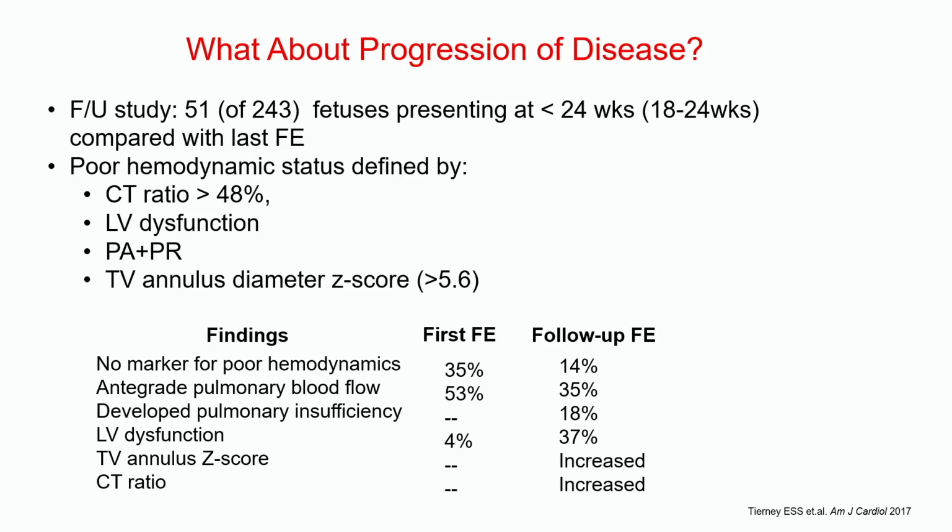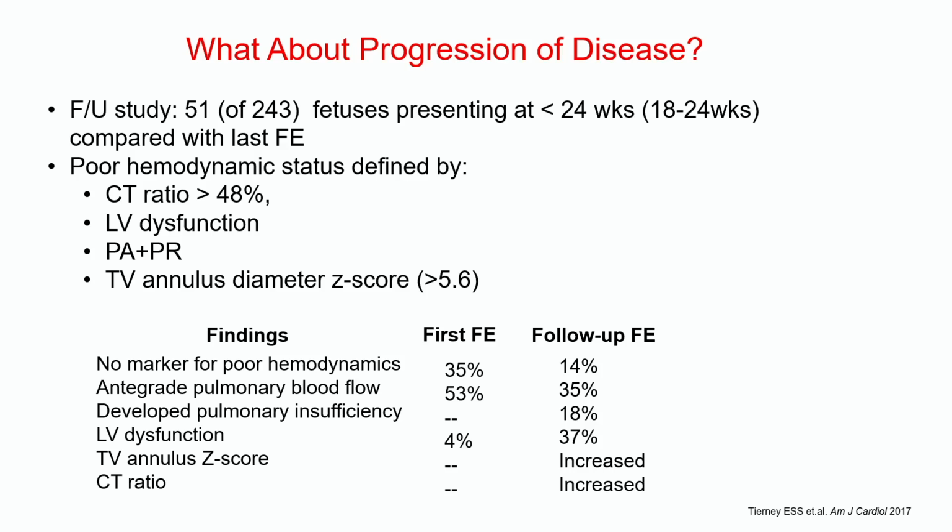And what they found was in those fetuses who initially had no marker for poor hemodynamics, that is, none of these things up here, only 14% continued to have no poor marker. So there was a lot of progression. Those who had antegrade pulmonary blood flow, 53% of them had it on the first echo, but only 35% had it on the last echo. So another progression.